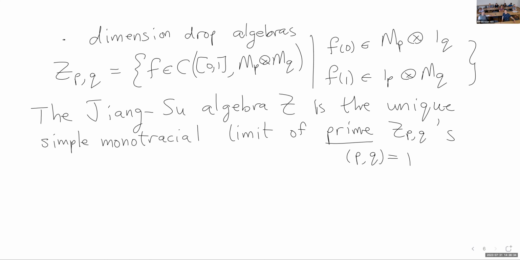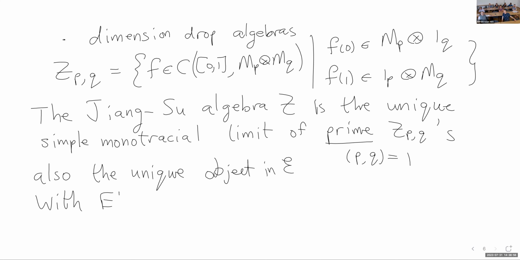It also has another, more abstract characterization. It is the unique object in the category E that has the same invariant as the complex numbers. Sorry, by this limit, you mean the direct limit? Yes. And monotracial means that the maps in the system preserve this unique normalized trace. Well, there are many traces on each block.